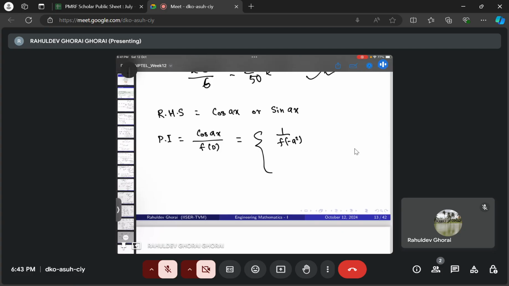Here it is minus of a squared, not (minus a) whole squared. This holds if f(-a squared) is not equal to 0, only then it will work.